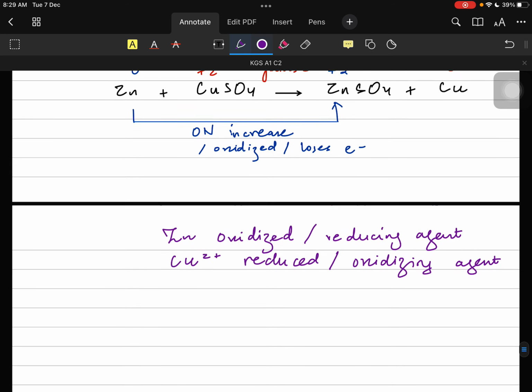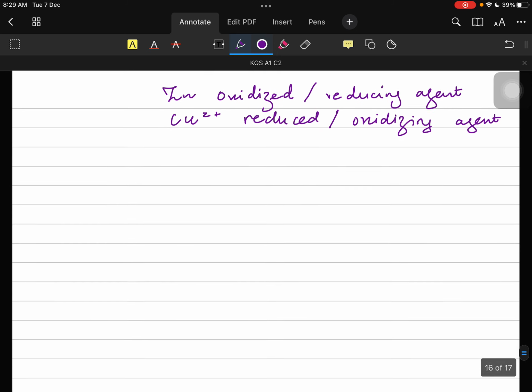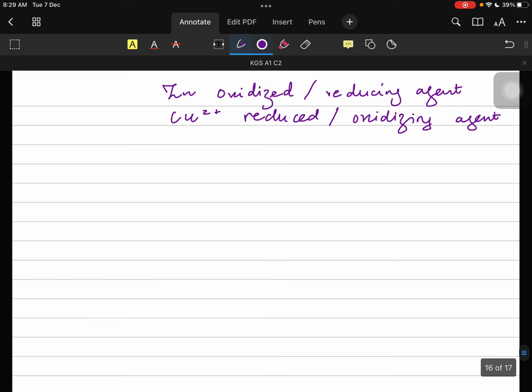Now, the other thing, which is the last thing within the whole chapter, is the idea of color changes for the oxidizing and reducing agent tests. When we talk about that test, there's a test for an oxidizing agent and there's a test for a reducing agent.